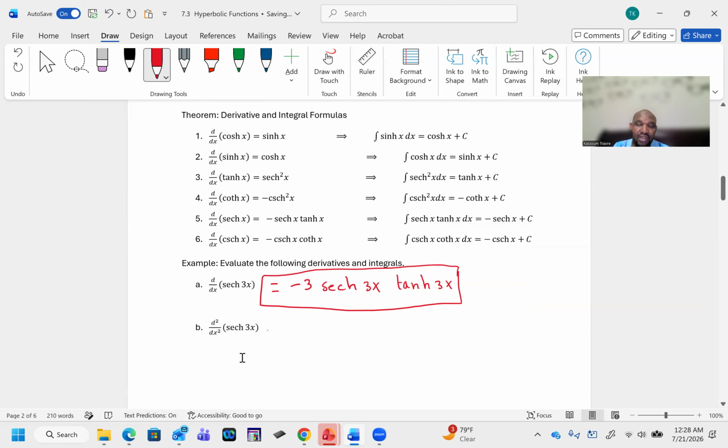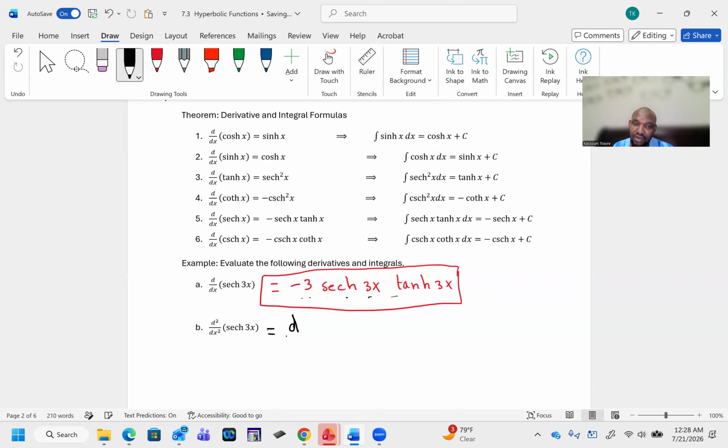And b, you can see I'm asked to find the second derivative of hyperbolic secant of 3x with respect to x squared. Of course, we have to find the derivative twice, right? We already have the first derivative, which is right here. So I'm just going to find the derivative of that as well.